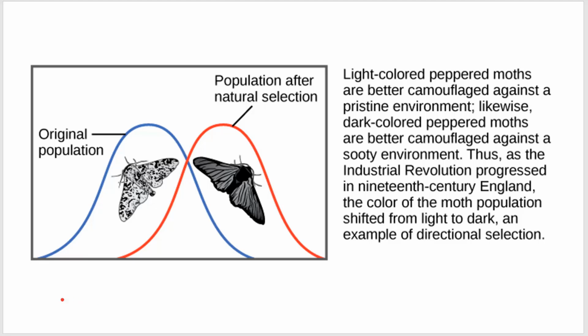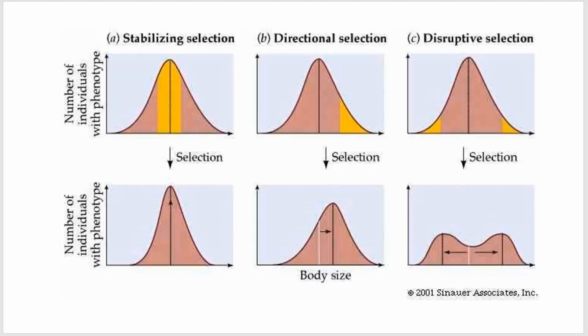In this regard, you should know that there are other kinds of selection as well. The first one is stabilizing selection, a selection which favors one kind of individual. Then there is directional selection, like what happens in the case of the black moth.